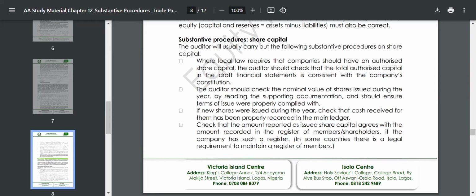Now, that means the auditor will be checking for the register where there is a list of members or shareholders of those shares.